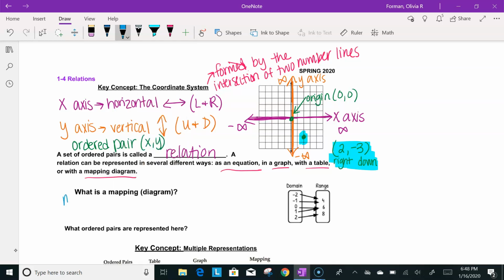This is a diagram that shows the relationship between sets of numbers.